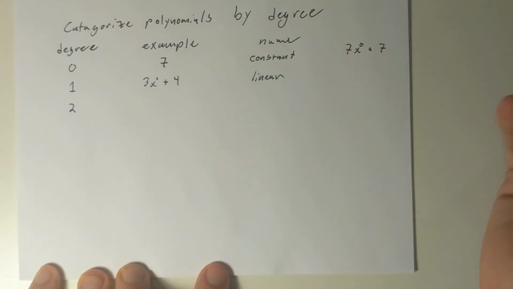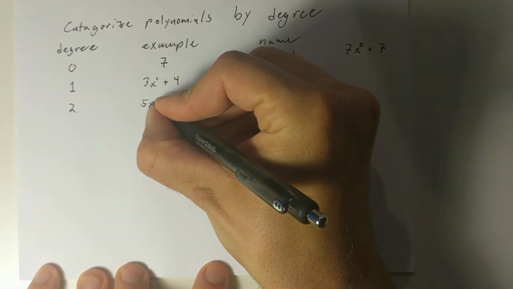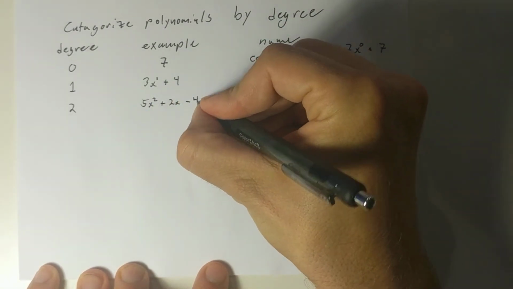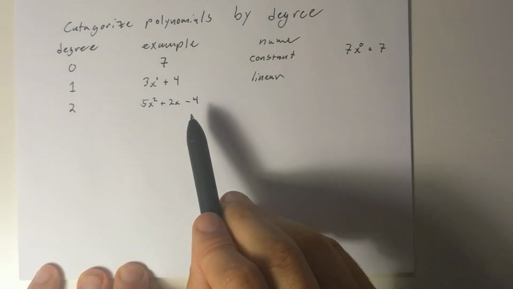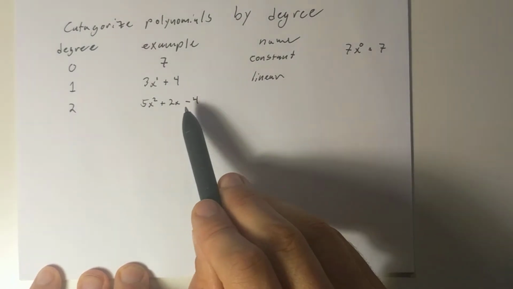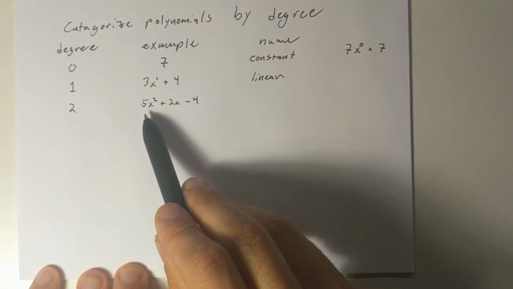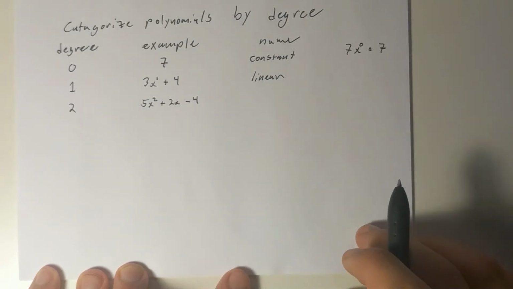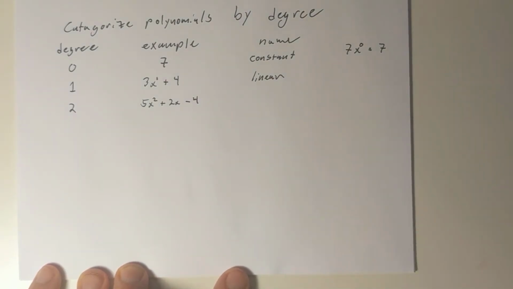What about an example like 5x squared plus 2x minus 4? Notice, yes, it has a linear term. Yes, it has a constant. But these two things don't matter because this is a higher degree. And so we call this, well, let's think about the graph again.